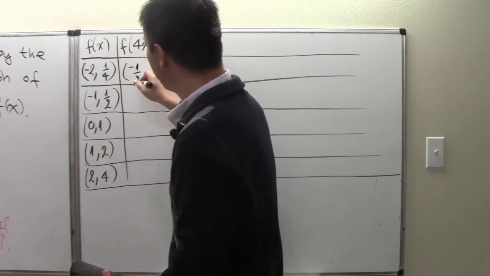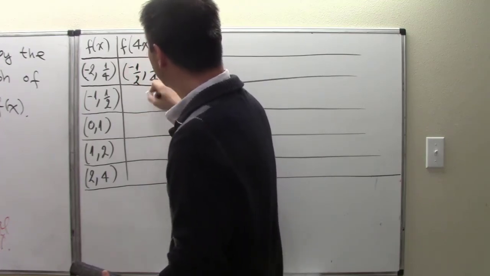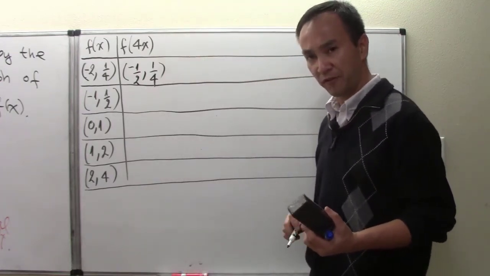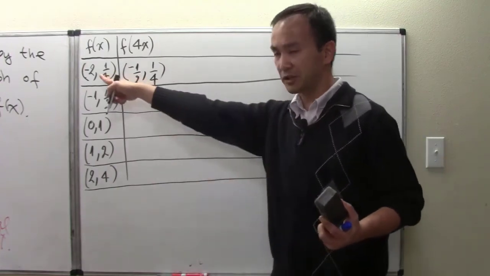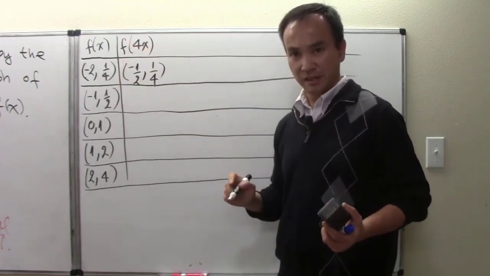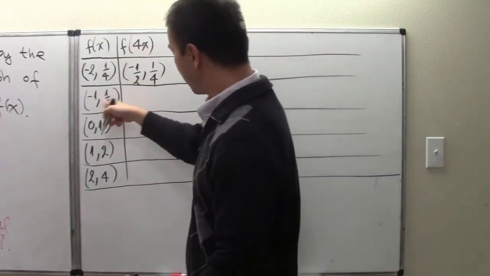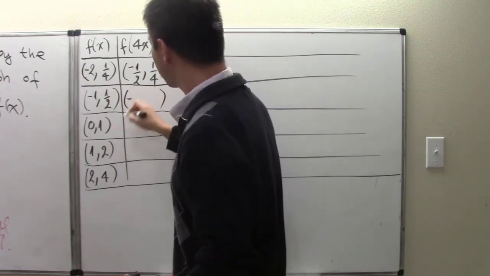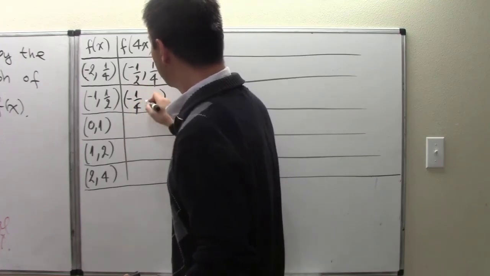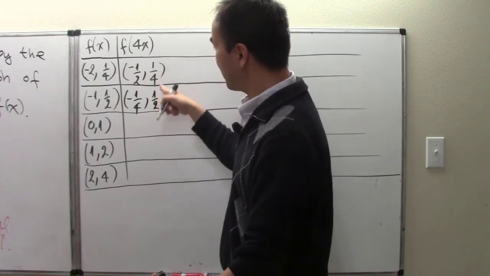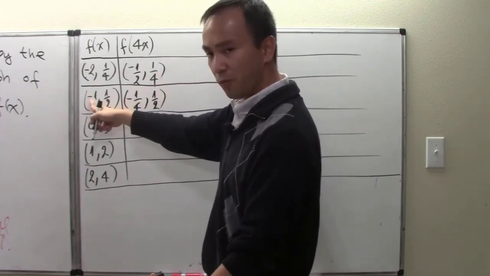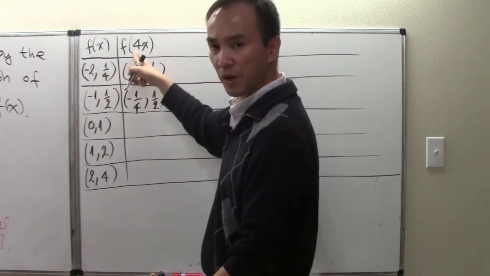So negative 1/2, comma 1/4. It's all due to the fact that negative 2 times the 1/4. The next point is transformed into negative 1/4, comma 1/2. Nothing was done with the y value. The x value came out because negative 1 was multiplied with 1/4.